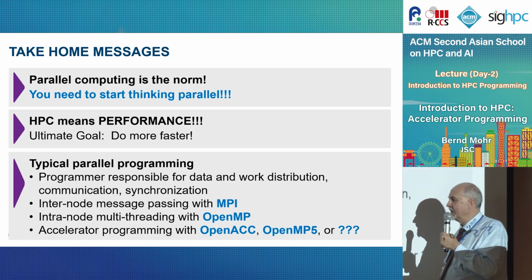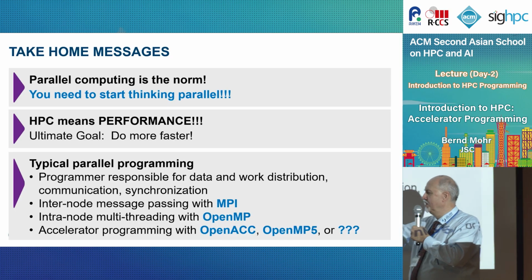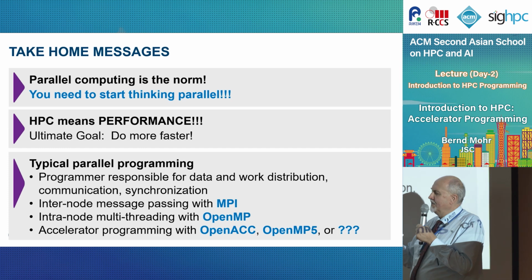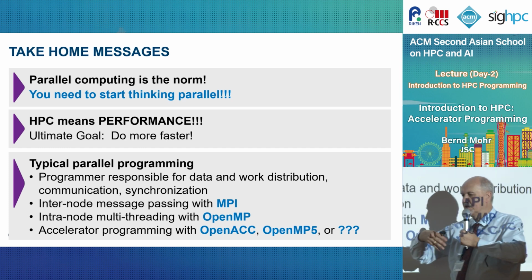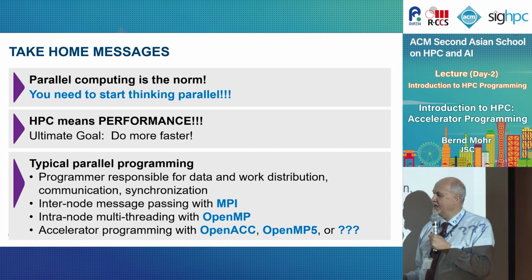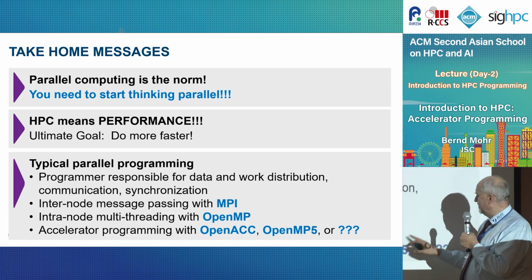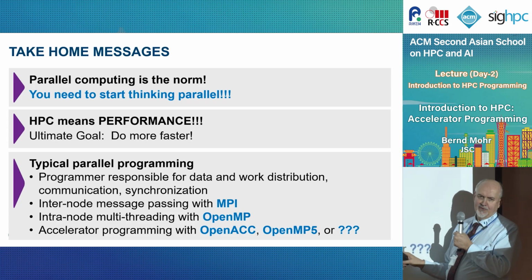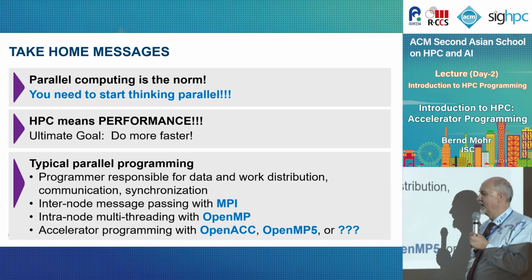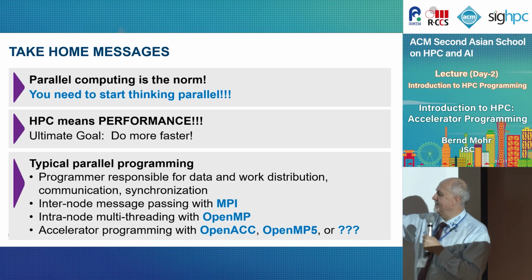If you have a computer with multiple nodes, you should basically use MPI. Everyone is using that. If you do it inside a node, like a laptop or a high-end server node, you can do it with OpenMP. If it has accelerators, you use OpenMP 5, like OpenMP Target, perhaps also OpenACC, and you can combine any of these.